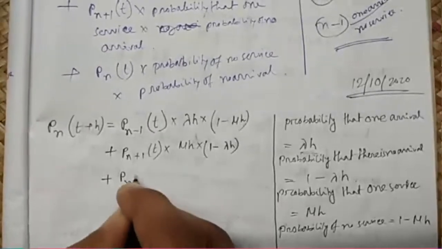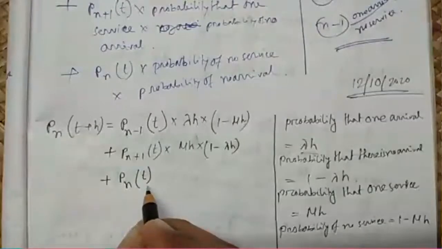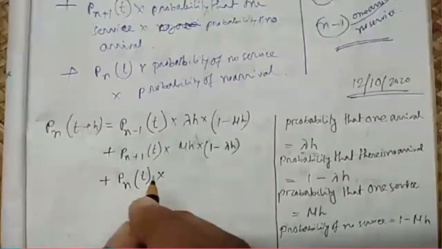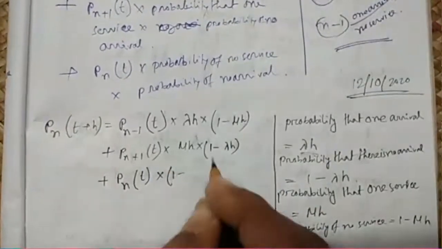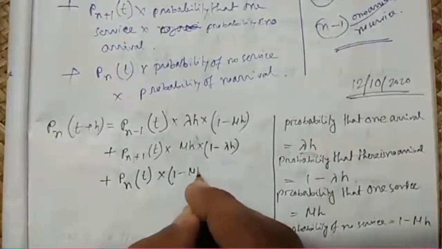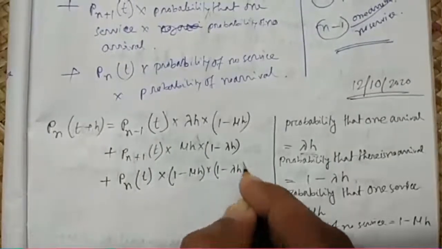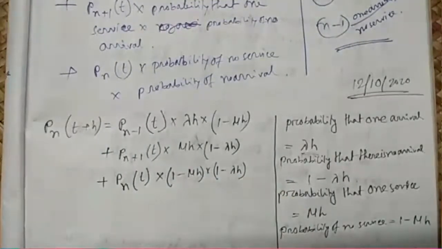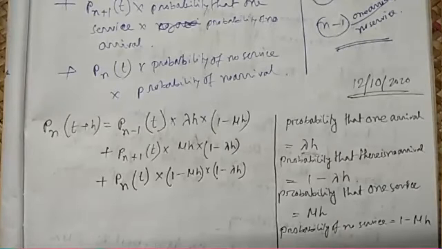And Pn means there were n persons in the system, no one came in, no one got serviced. So the probability of no service is 1 minus mu h, and the probability of no arrival is 1 minus lambda h. Is it clear how we got this mathematical expression? No questions? Okay.